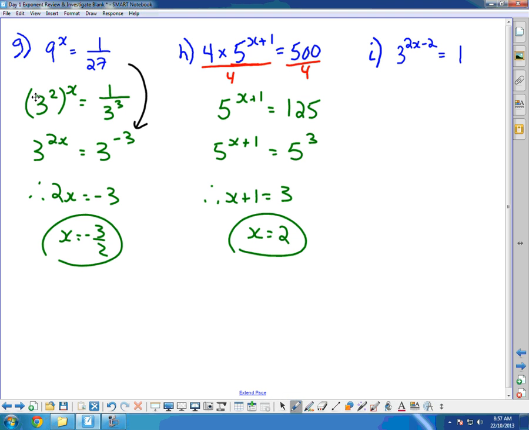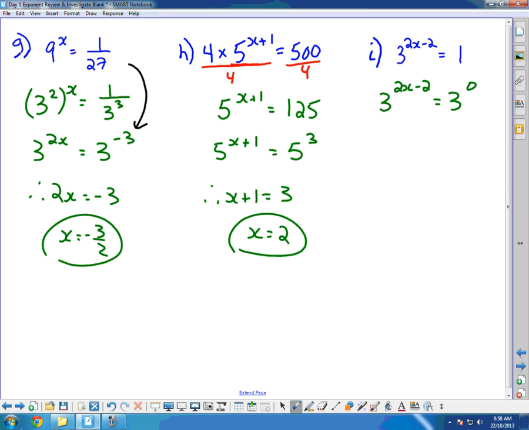Okay. Do a common base of 3. This part's easy. It's obviously already 3 to the power of something. But 1 we can change into 3 to the power of 0. So that's one little trick that we can have in our toolbox, right, to pull out.